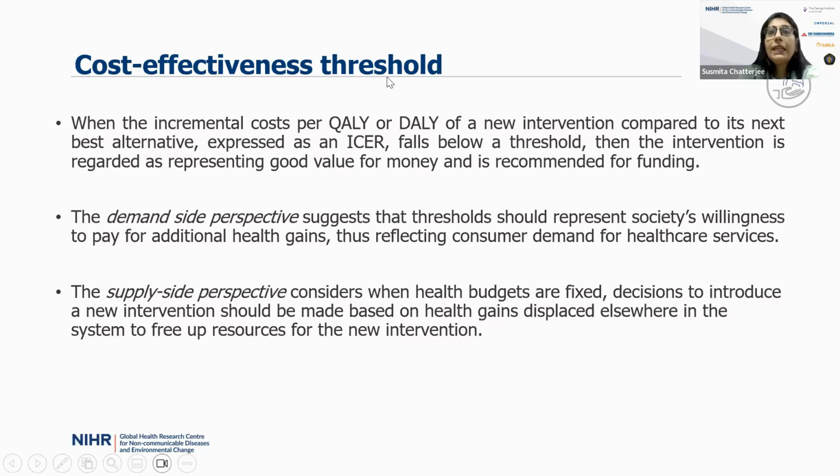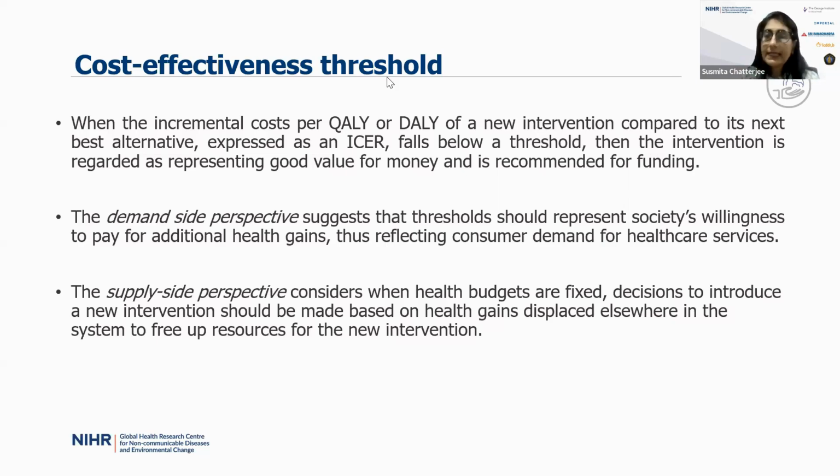So basically, those who are not at risk of having cholera or HPV would definitely state a different willingness to pay for the vaccines, right? So that willingness to pay threshold is from a consumer point of view, like how much I'm willing to pay for a particular health gain or for avoiding that health loss, whichever way you look at it. So that's one way. That's the demand side: what I am demanding, what I'm ready to give.